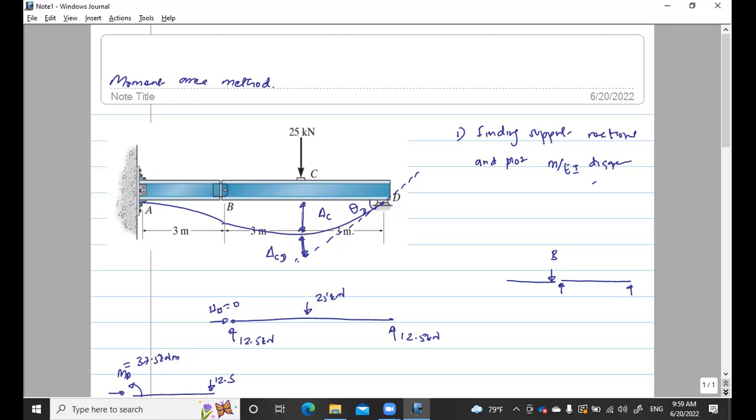Can you check what is the definition of point of inflection? You can Google and see. Point of inflection.